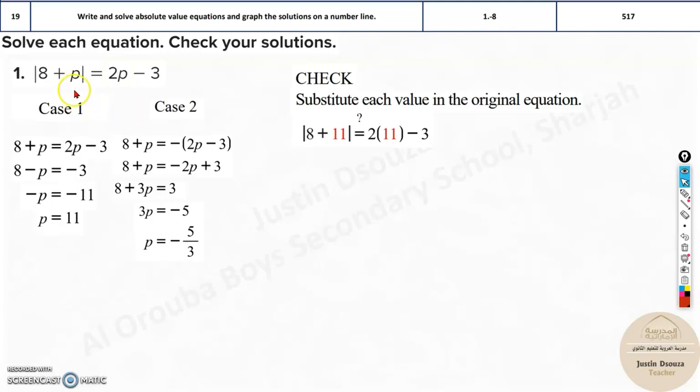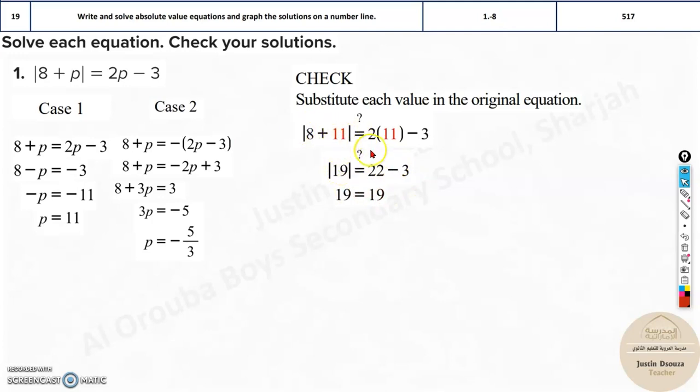And then you need to put it on the right side too. Now, 11 was considered over here, so we put the p value over here and we solve it. Now 2 times 11 minus 3, both the sides we are getting the correct answer.